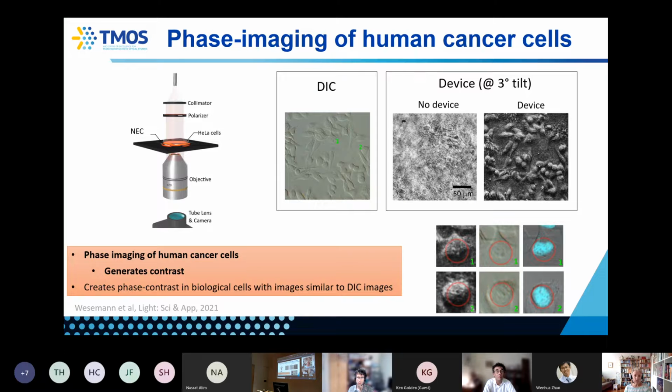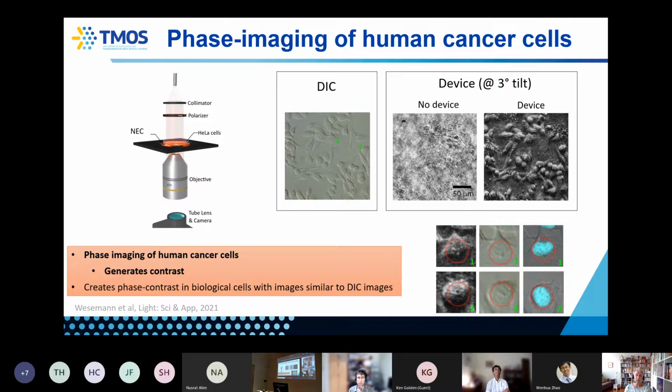We, in collaboration with Liz Hind, who's in my department, looked at some unstained HeLa cells. This is a differential interference contrast microscopy image of those cells, and we created the device on a cover slip, and not every section of the cover slip was actually patterned with the device.